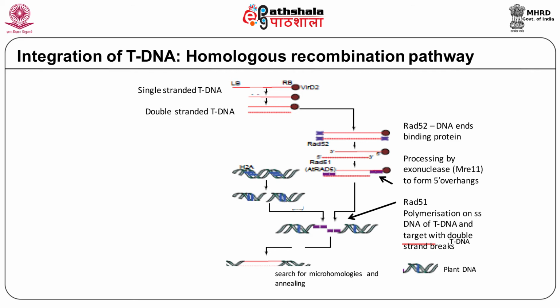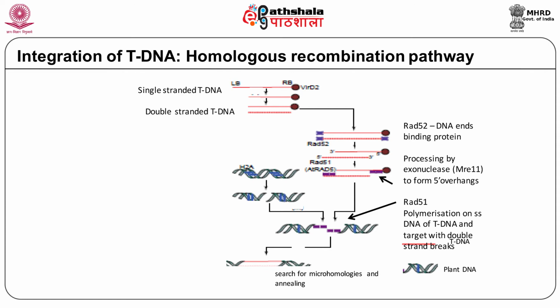Integration of double-stranded tDNA into the plant genome occurs by using the DNA repair mechanisms of plants. In the homologous recombination method, two host proteins, RAD52, a single-stranded DNA binding protein, and RAD51, involved in homologous DNA pairing and strand exchange reactions, are required. In addition, an exonuclease MRE11 cuts the tDNA strands from the 3' end to create 5' overhangs.